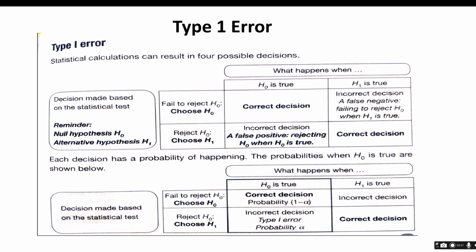When the null hypothesis is true, we need to say that there is no difference, but we consider there is a difference between the local check and the best variety. So it's just like rejecting the null hypothesis when the null hypothesis is true. That's a false positive.